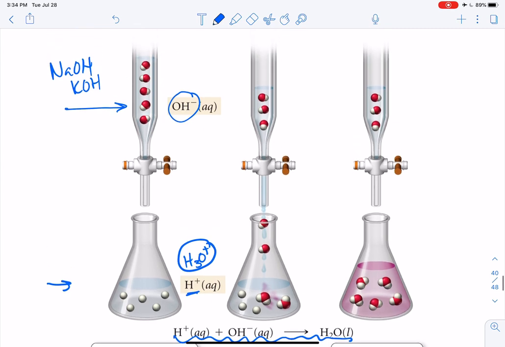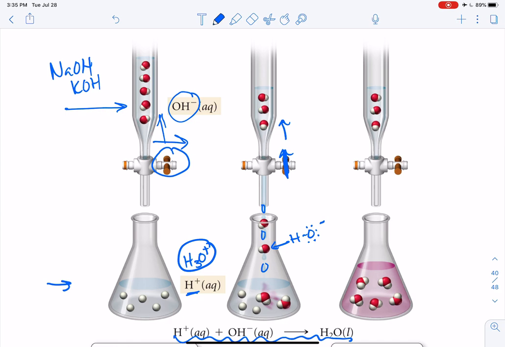So when the stopcock, which is this thing right here, is perpendicular to the burette, there's no flow. If we turn it so that it is parallel to the burette, there's going to be flow, and you see that right there. And right there, that is a hydroxide ion, okay?